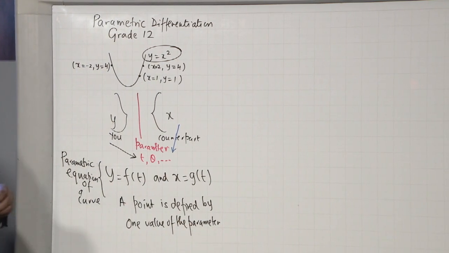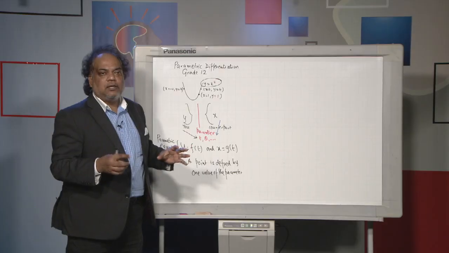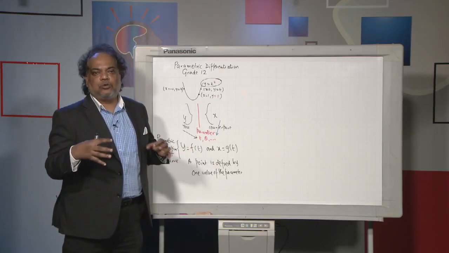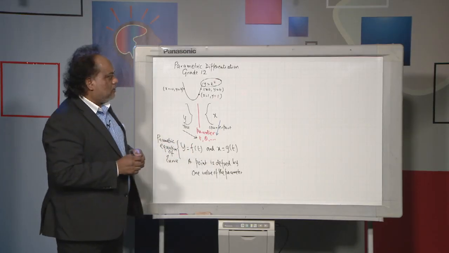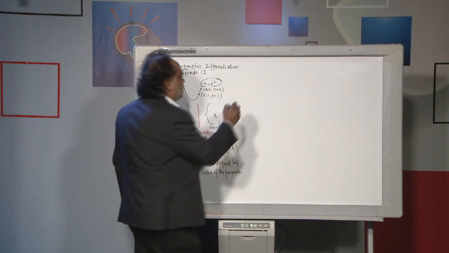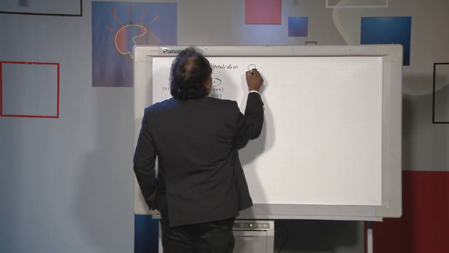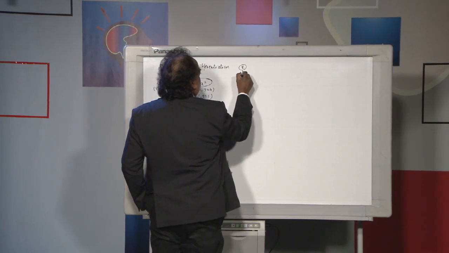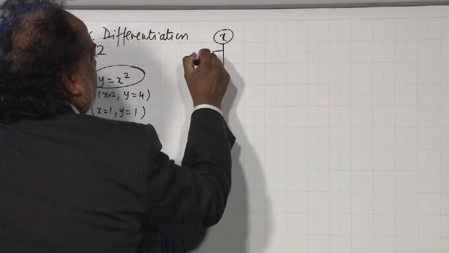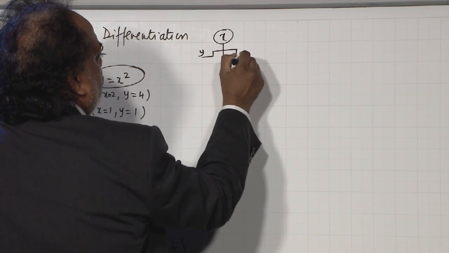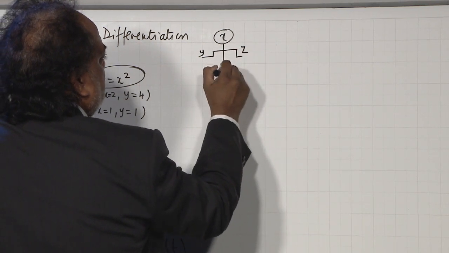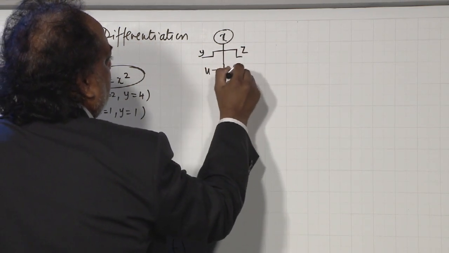Now, why is it important in real life? Imagine you have created a cartoon or a robot, right? If the movement of the robot head is denoted by x, the left hand by y, the right hand by z, the legs by u, v.